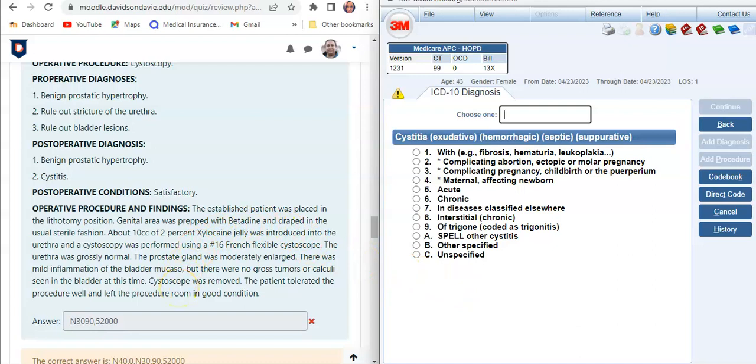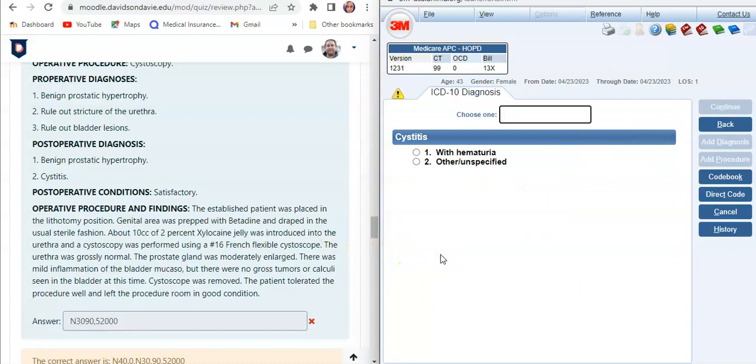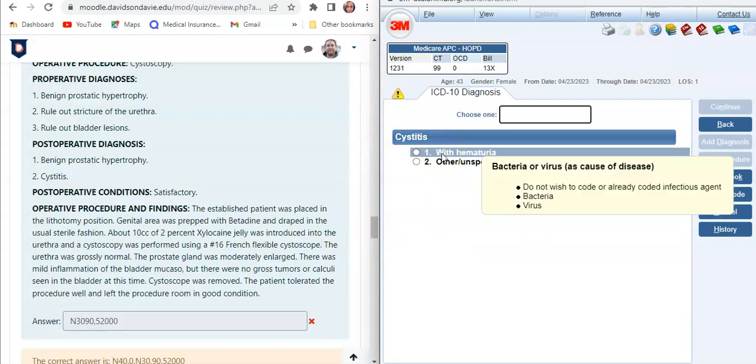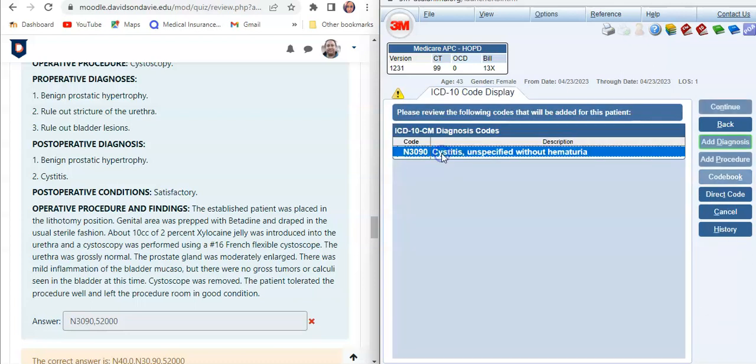And I don't see anything else in there about it. With blood in the urine, it doesn't say. So the first one is wrong. It's N40.0.